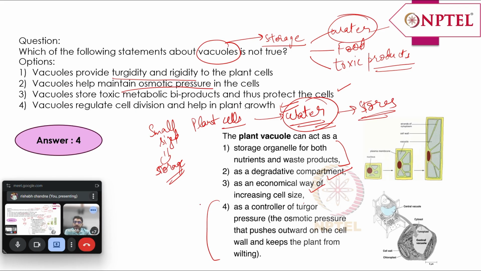They need to remain in a particular position and composition. If that did not happen, the plant cell would burst easily. So vacuoles help the plant maintain its size and osmotic pressure. Any doubts in this question?